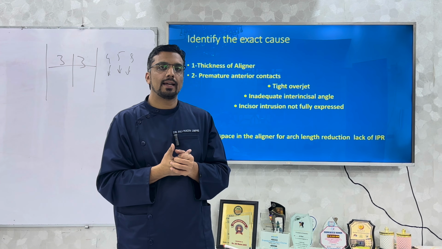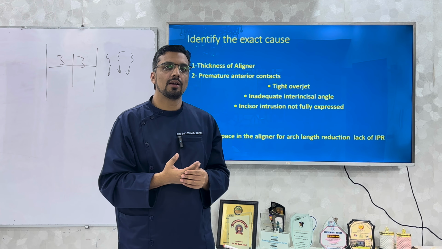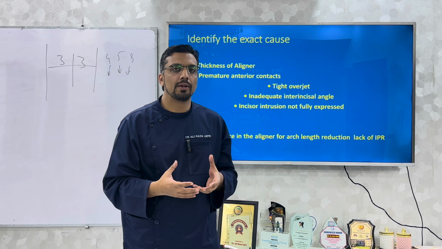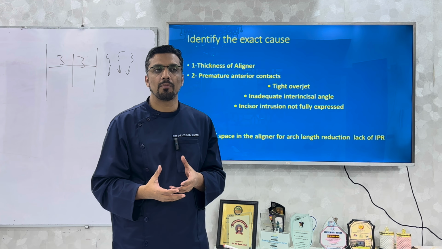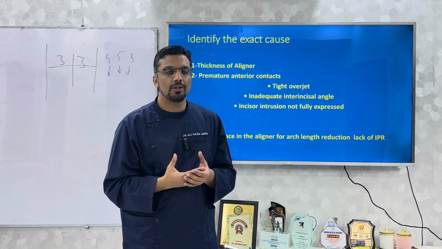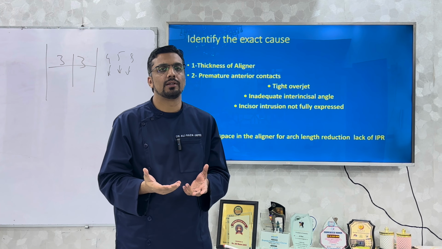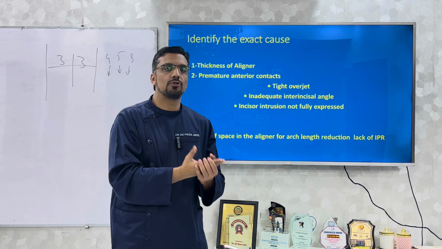So you need to check if the IPR is advised and prescribed in the mid of the arch, and whether it is properly followed or not. If the IPR is not properly performed, then because of the collision of the teeth, the logical consequence would be the intrusion of the teeth in the mid of the arch, meaning the premolar area. So you need to evaluate that.